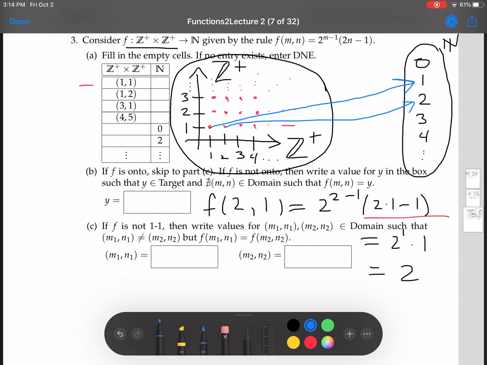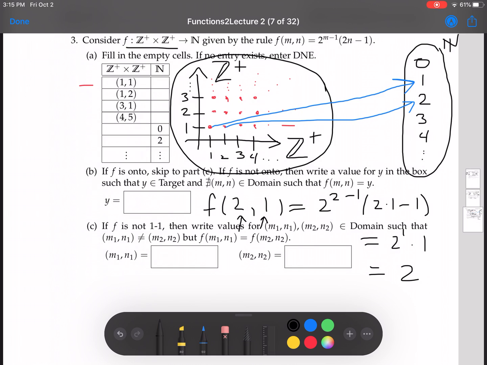All right, now let's see, how are we going to get a 3? How would we get an output of 3? Now let's think about how this has worked so far. I put (2, 1) into the function, and we get 2 to the 2 minus 1 times the other part.